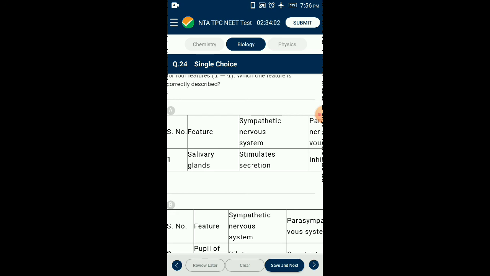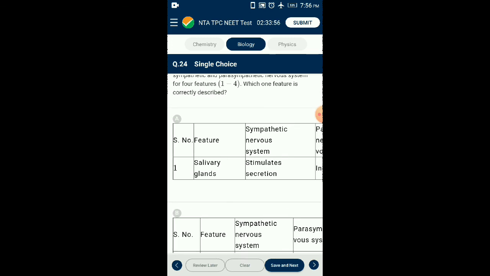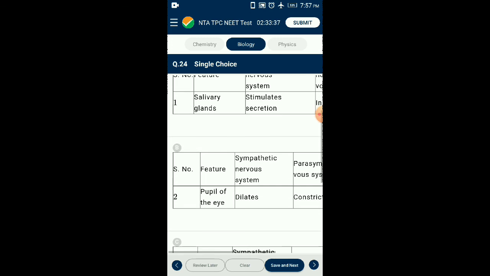It contains only motor nerve fibers. It is made up of two components. Sympathetic nervous system: the preganglionic nerve fibers are short. They have acetylcholine as neurotransmitter. The postganglionic nerve fibers are long. They have adrenaline as neurotransmitter. So the correctly matching option is option B.